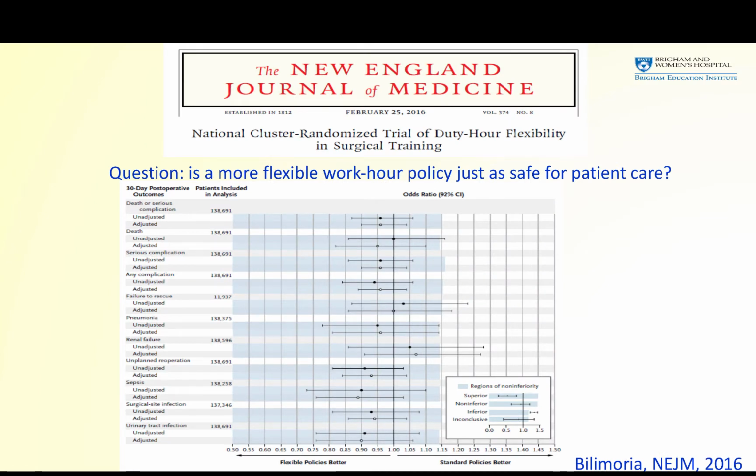But a follow-up study, which was just published in 2016, asked, though, if sticking to that unique work hour limit, could a more flexible work hour policy be just as safe for patient care? And here the authors were able to show that indeed there was non-inferiority between the adjusted schedule versus the unadjusted schedule.